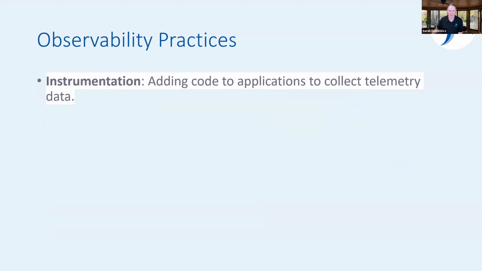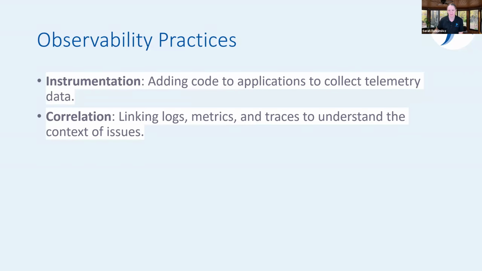All right, so still talking about observability, we're headed toward OpenTelemetry, I promise you. But with observability, this is the fundamental concept underneath that we need to understand. There are different practices that can be used. There's instrumentation, which is adding code to the applications to collect that telemetry data. There's correlation, which is linking logs, metrics, and traces to understand those issues.